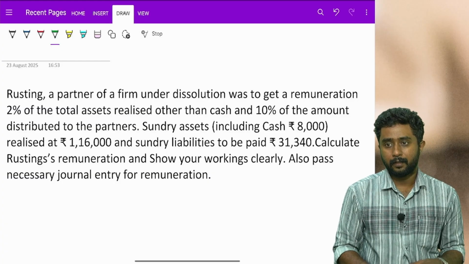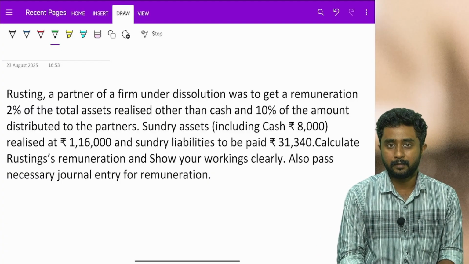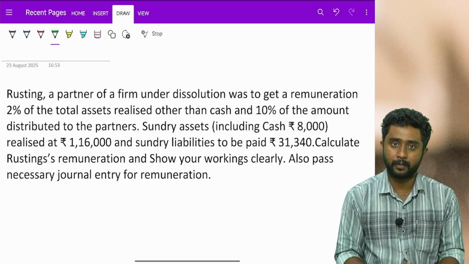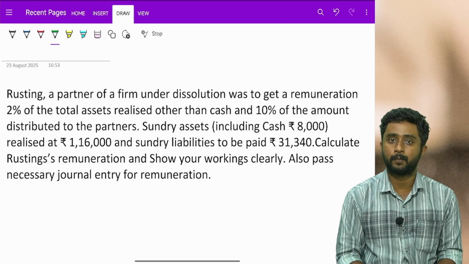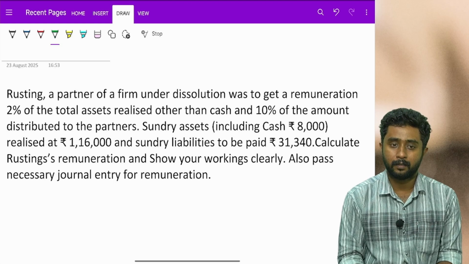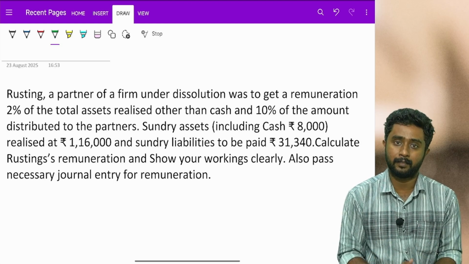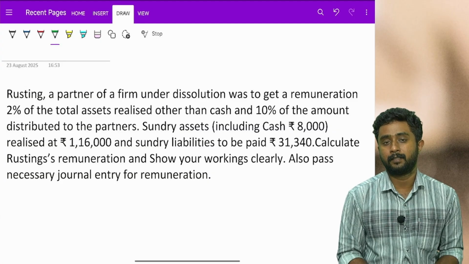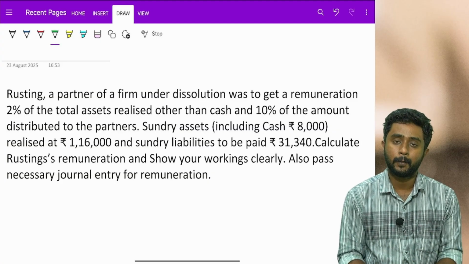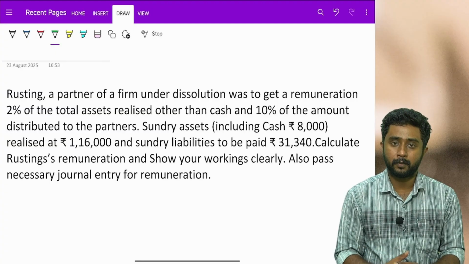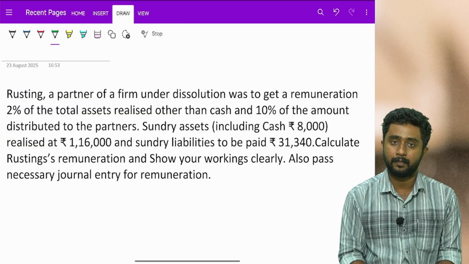Related to this, I would like to say one more thing. For the entire process of realization, like selling of assets and getting the money, sometimes one of the partners may take up the responsibility of selling the assets and paying the liabilities.